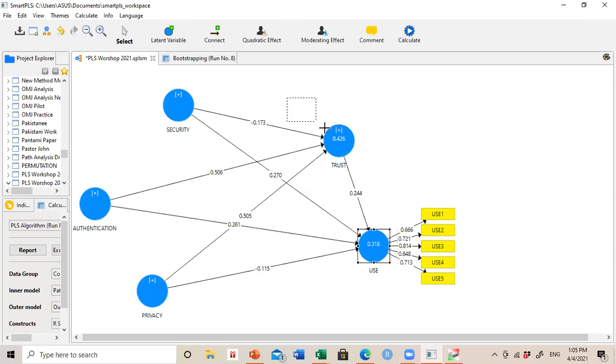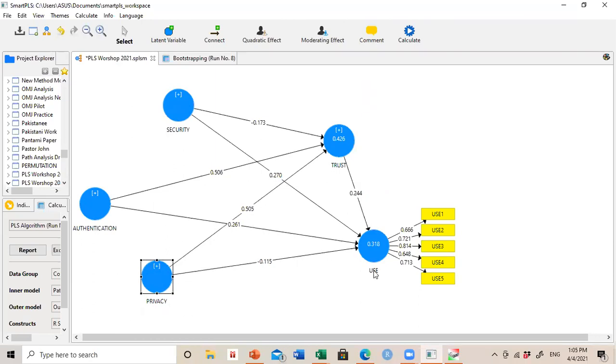Yes, you need to report the R square of trust. You need to report the R square of use. What this is saying is the total contribution of these three IVs to trust, and the total contribution of all four, including trust, to use.